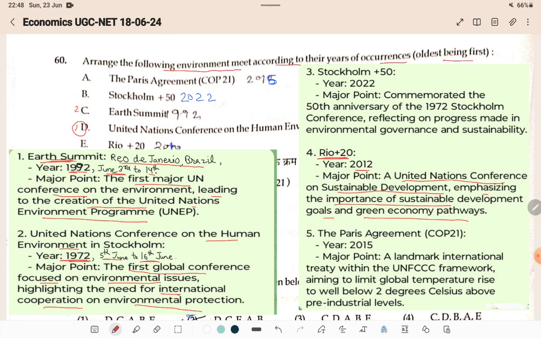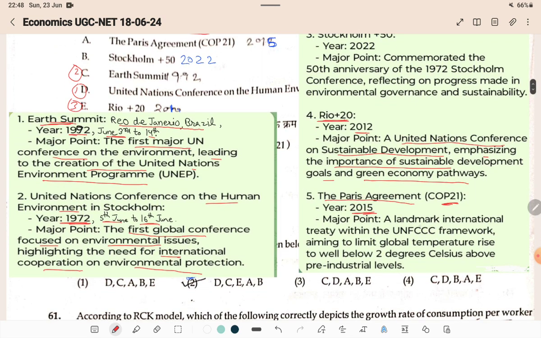After that, the Earth Summit will be the second, and third will be Rio plus 20, and next will be the Paris Agreement COP21 in 2015. The major point: a landmark international treaty within the UNFCCC framework, aiming to limit global temperature rise to well below 2 degrees Celsius above pre-industrial levels.